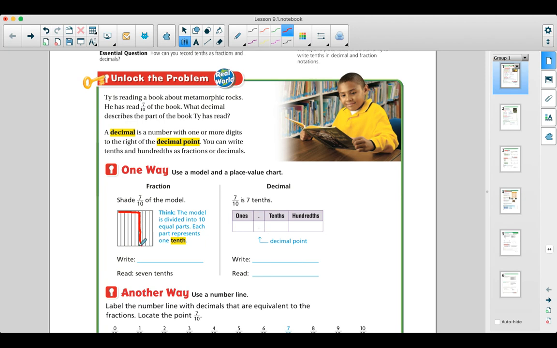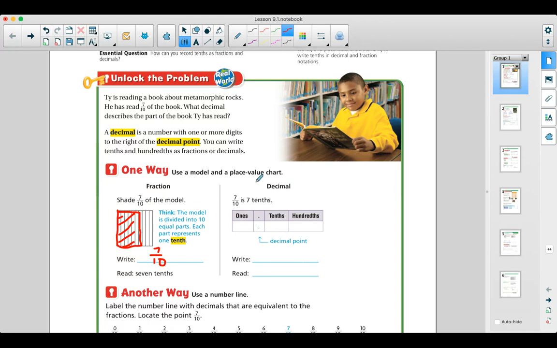So we're going to shade in this whole part. And you should be doing this in your Go Math book. Okay, this whole part is shaded in. So now let's write it. 7/10. Okay.